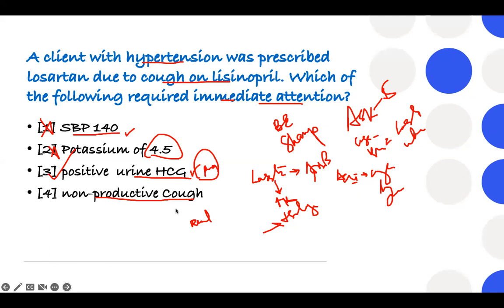They don't cause cough and angioedema because they don't block the production of angiotensin 2 and then bradykinin. You have to check my pharmacology detail lectures. I have a video on that. But the only thing you have to know, it does not satisfy our buzzwords. Losartan doesn't cause cough.